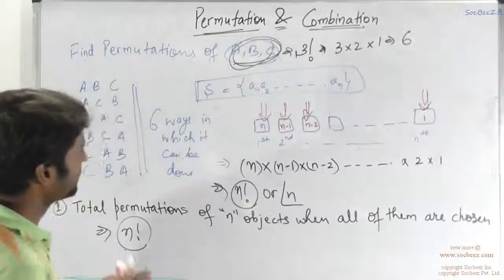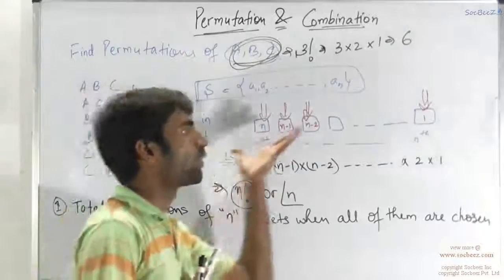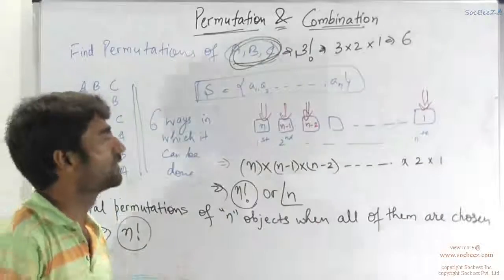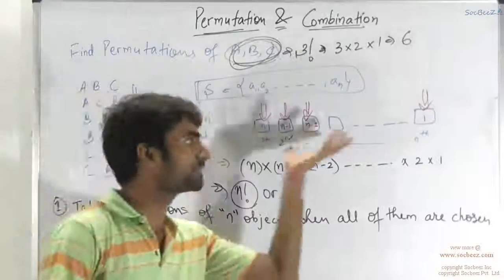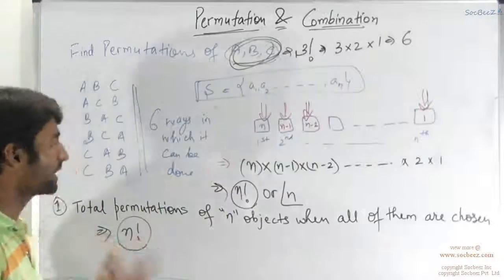So if you have a set, say n, and you have to arrange all of them in a row, or you have to find the permutation of having all of them, then you can say the total number of permutations are n factorial.